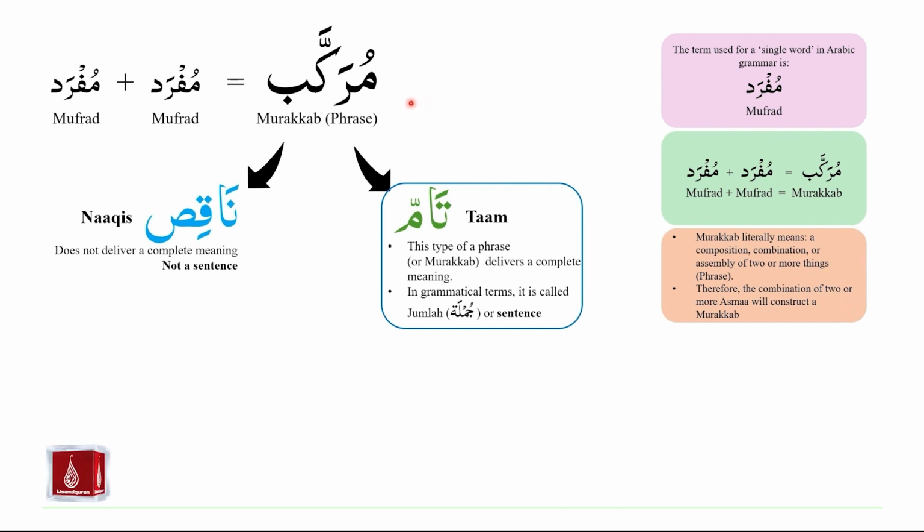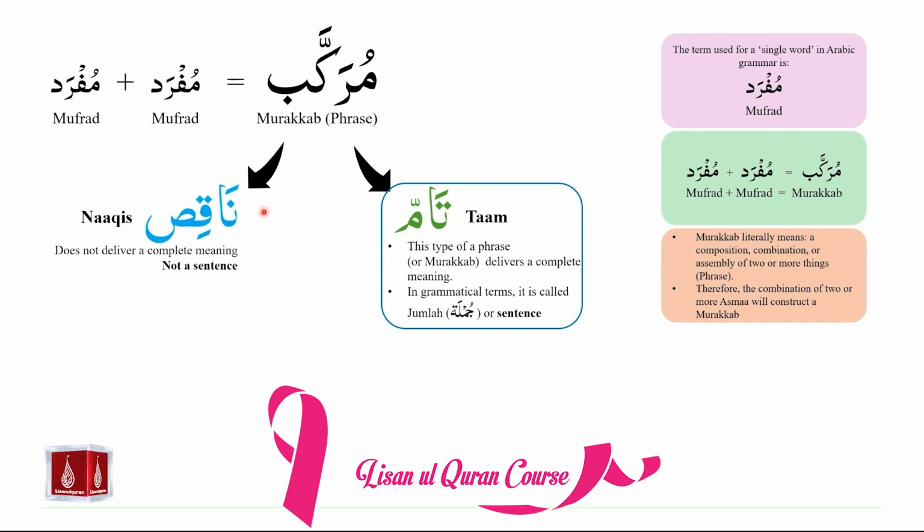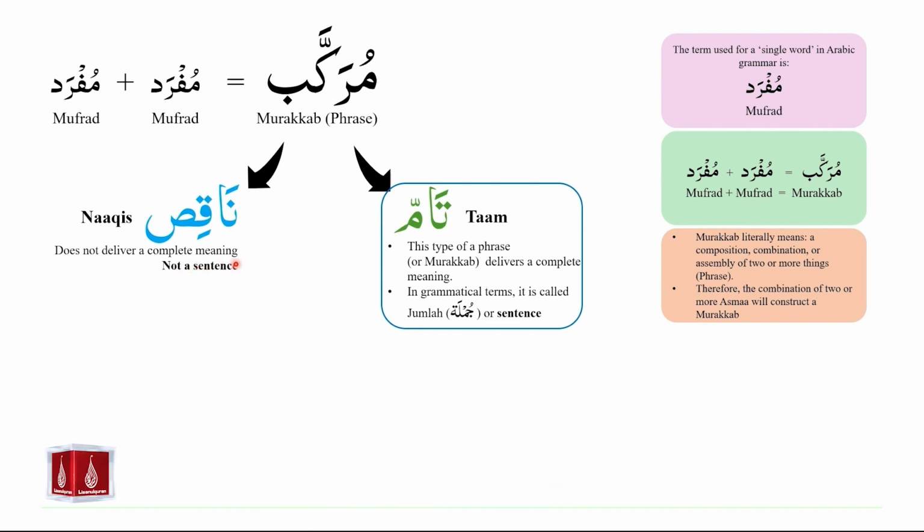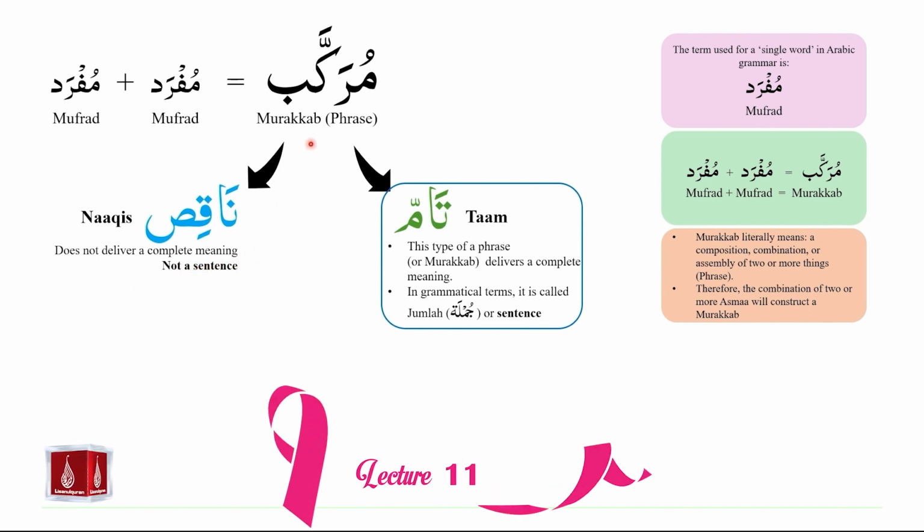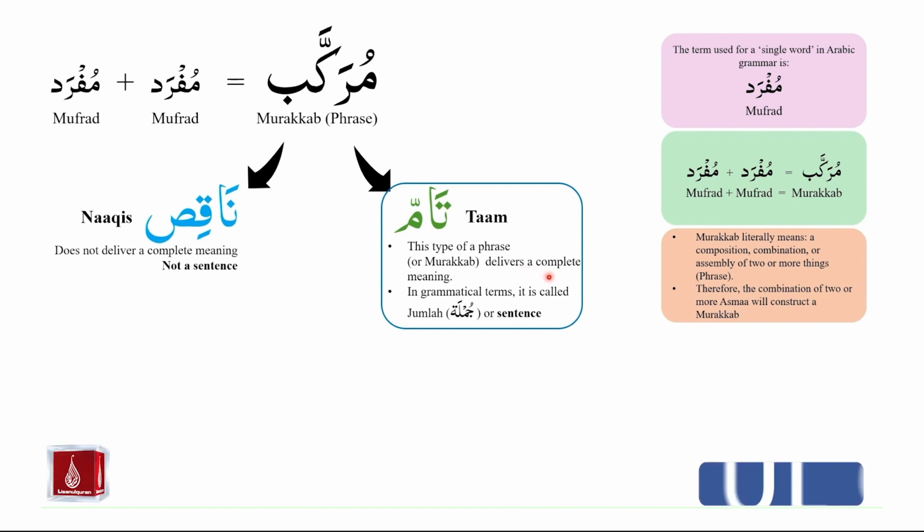Furthermore, we studied that murakkab or a phrase can either be murakkab naqis, in which case it is not a sentence, and it is a phrase which does not deliver a complete meaning. Or murakkab can be murakkab tam, in which case it is a type of phrase that delivers a complete meaning, or it is a sentence. A sentence is also called jumla.